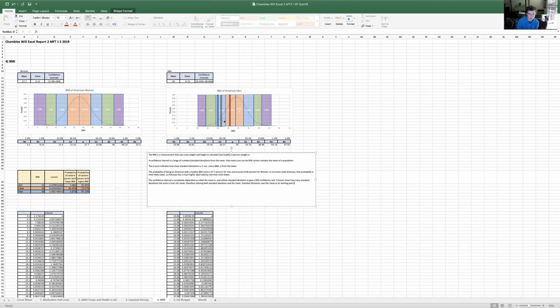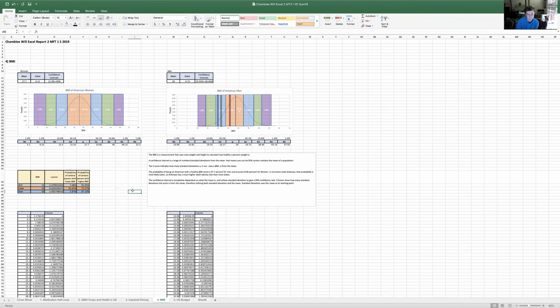Men's pretty tight, actually, bottoming out around 10.8 and ending around 47.92, which is a huge BMI. Our scores were 22, 26, and 20, so you see the 20, 22, and 26 all within two deviations, all within the standard deviation range, or the confidence intervals for our respective groups.